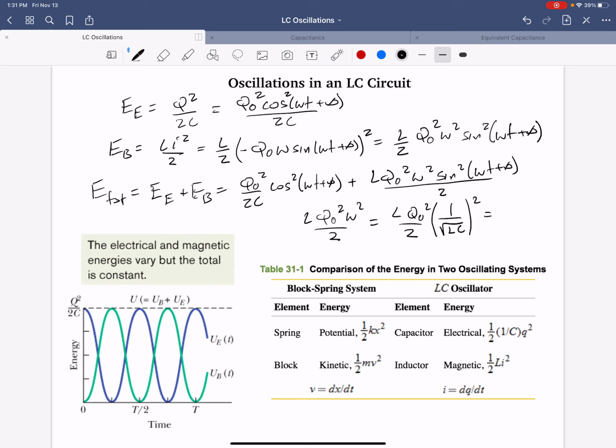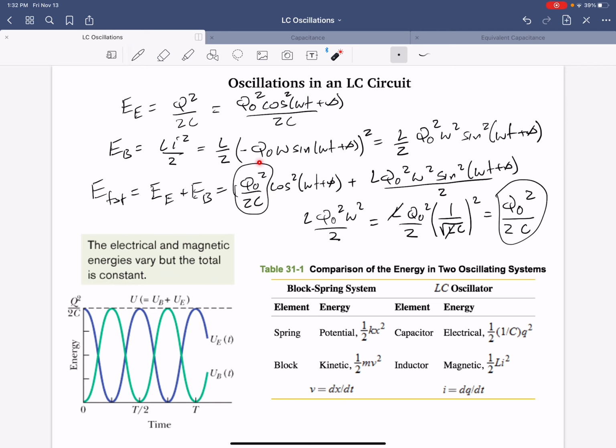That means we have a factor of 1 over L times L, so our L's go away, and we have indeed Q naught squared over 2C. So that's the same as that. We are good.